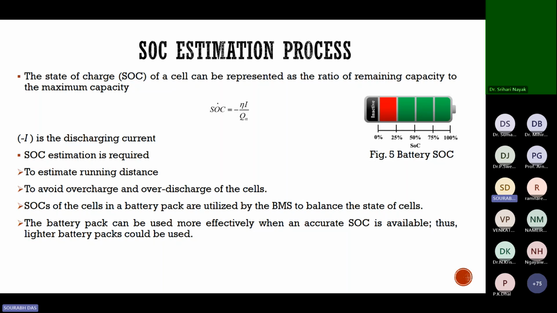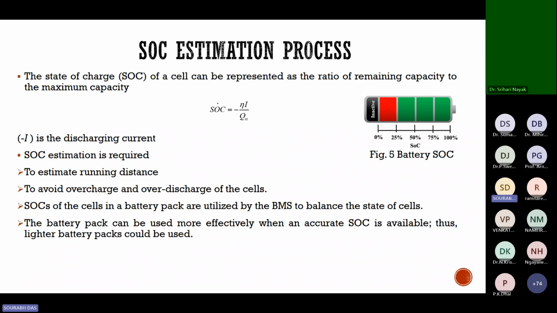BMS uses the SOC data to balance the cells and prevent overcharge and over-discharge, and it will improve the pack's overall efficiency and life cycle.